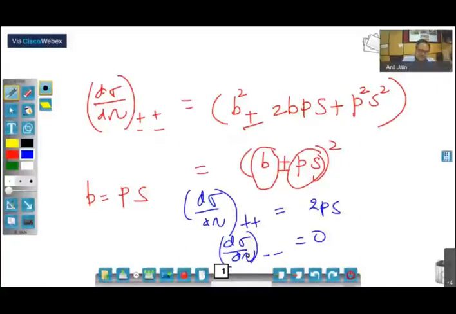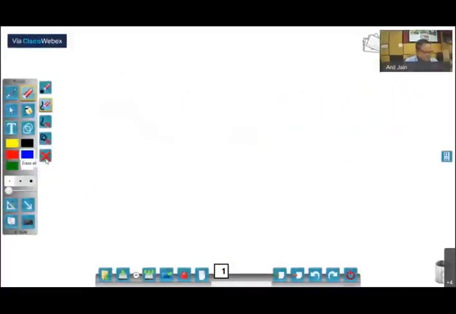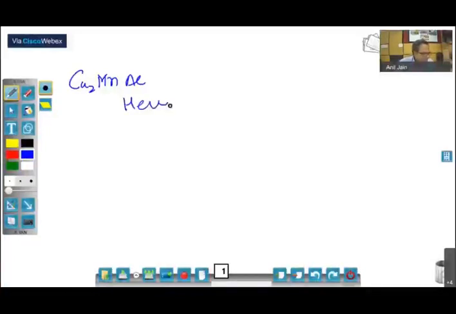In those cases, I can easily get a polarized neutron beam by using these crystals. And what are those crystals? I will write the names of crystals which can be used to produce a polarized neutron beam. One of these is Cu2MnAl, Heusler alloy.